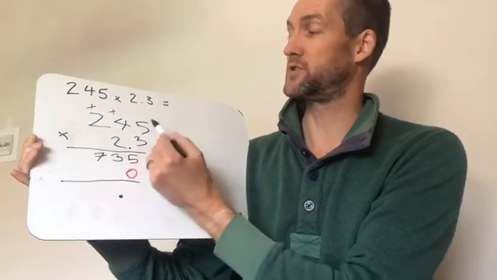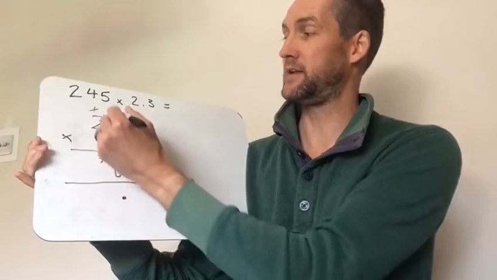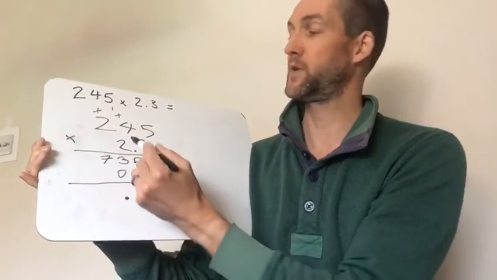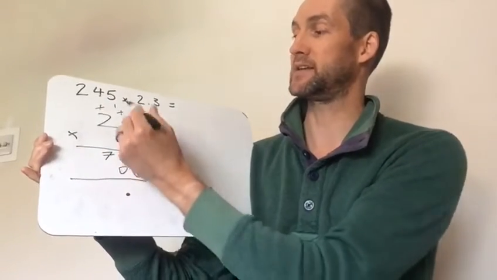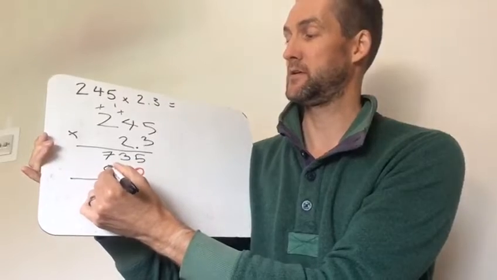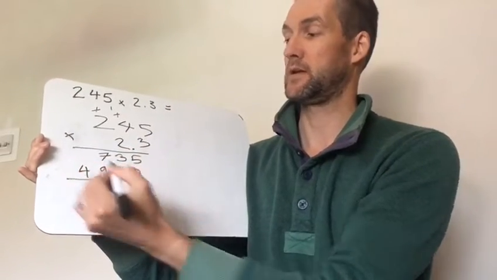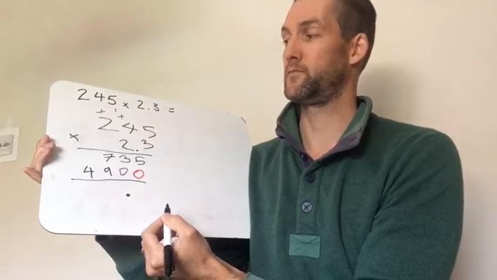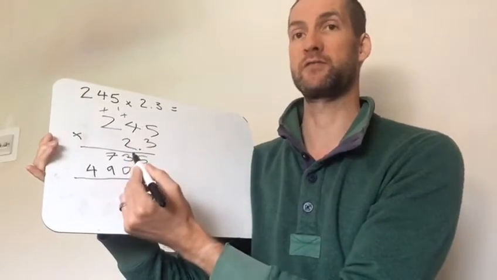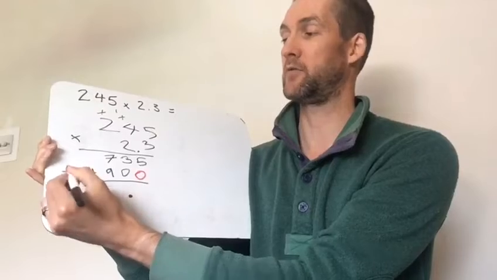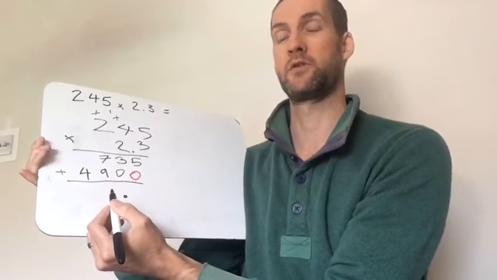Let's have a look then. 2 times 5 is 10, carry over the 1. 2 times 4 is 8, plus a 1 is 9. 2 times 2 is 4. Now I've multiplied all those digits together, I now need to add up my 2 columns.